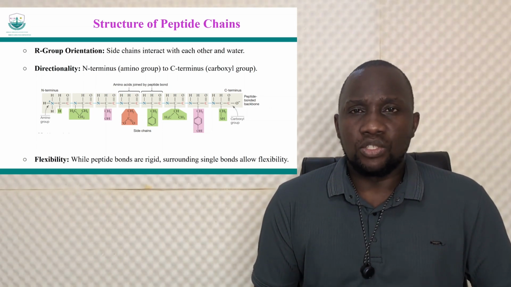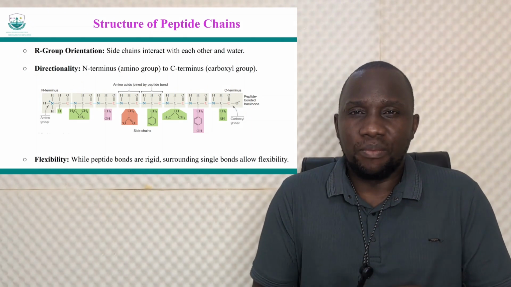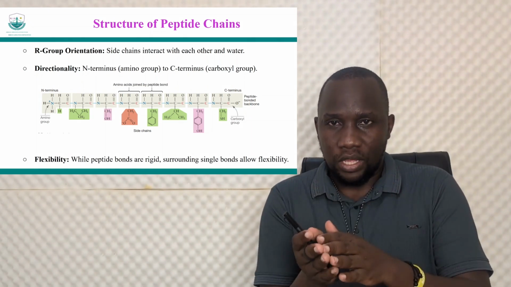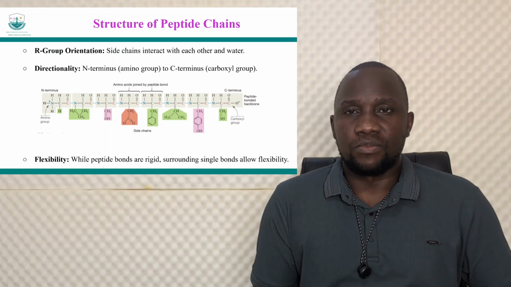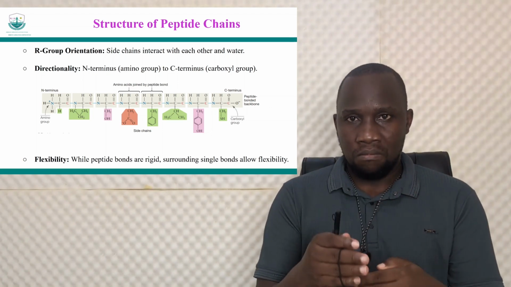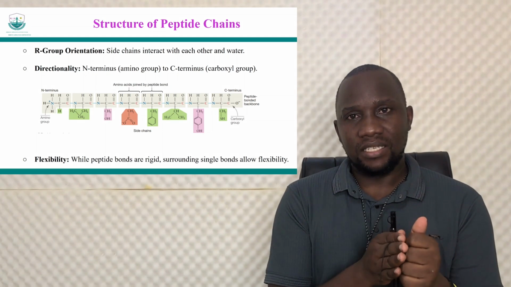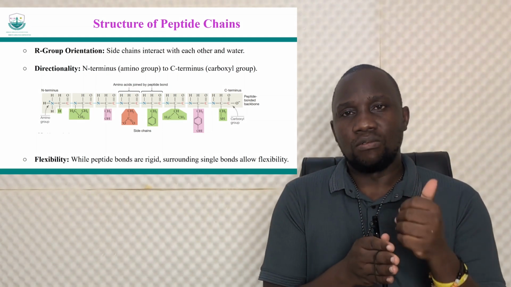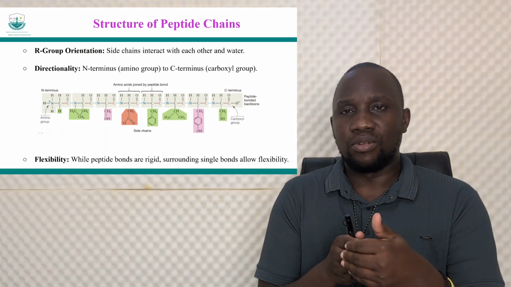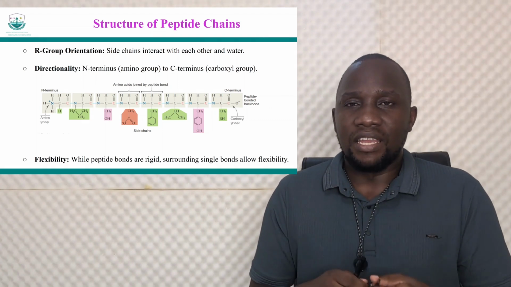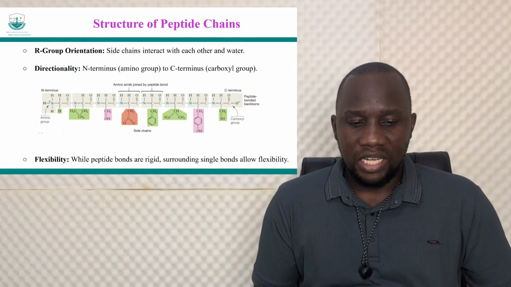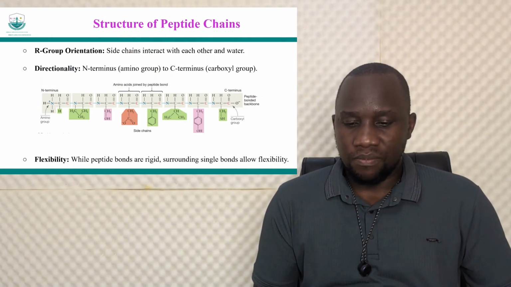The combination is such that you move from the amino group to the carboxyl group. That is the direction. The amino group connects to the carboxyl group, and the amino group connecting to the carboxyl group like that, that connection is the peptide bond that we are talking about.